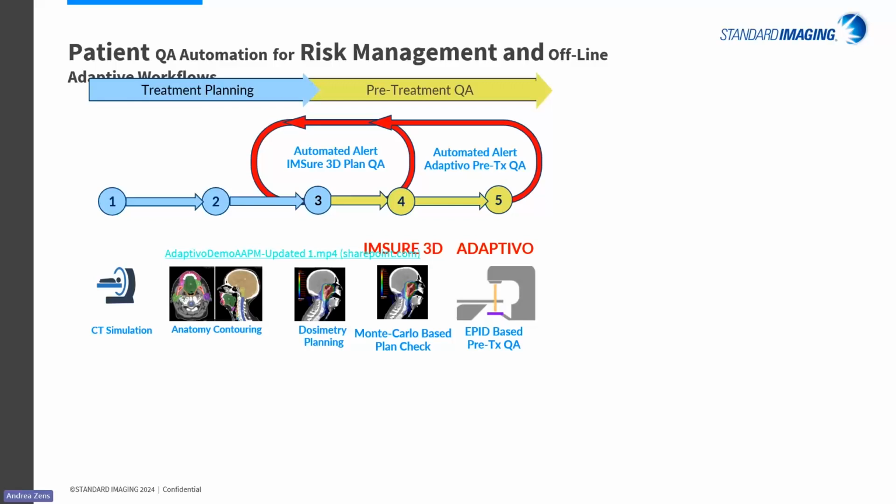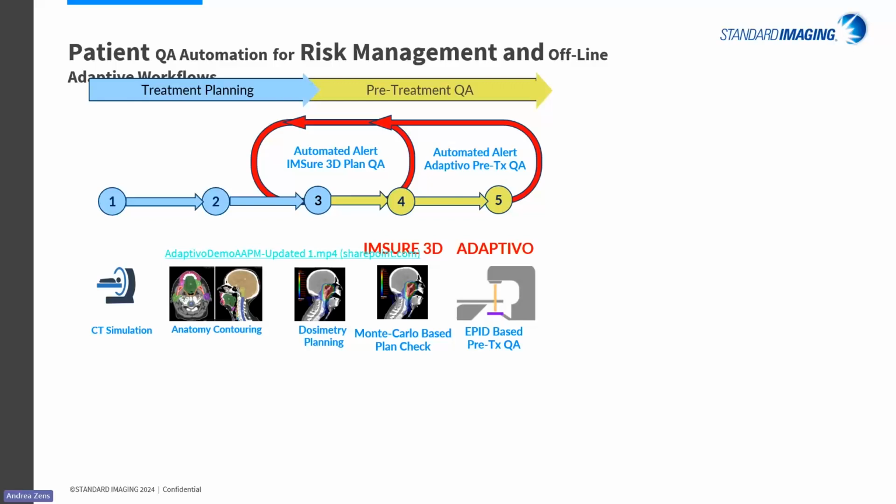Adaptivo's EPID dosimetry pre-treatment module maximizes the value of your existing EPID technology, taking full advantage of the EPID's superior resolution, large field of view, and predictable dosimetric response.